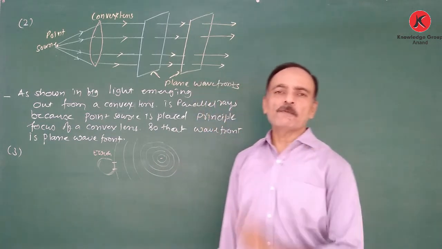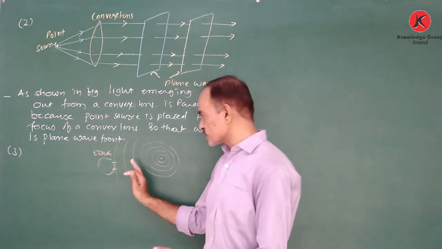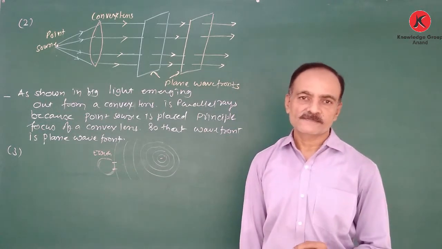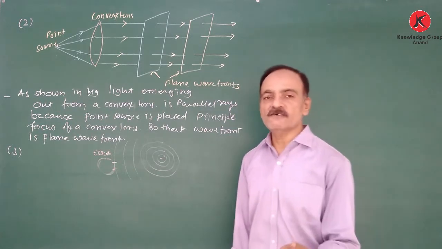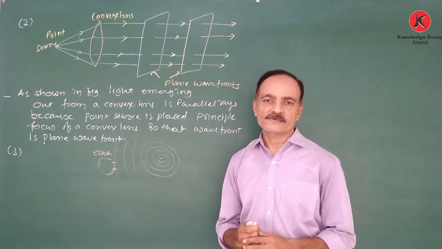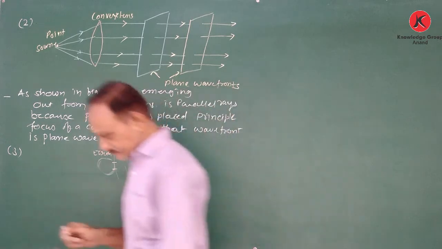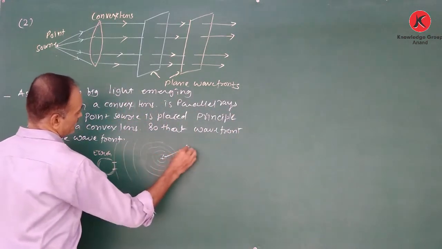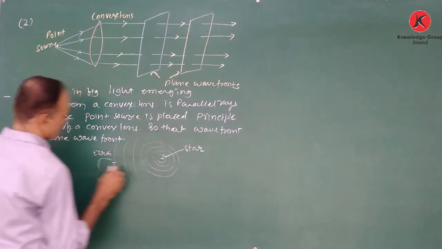Therefore, a small portion of the wavefront emerging out from the star, which is observed from the Earth, is a plane wavefront. Right? Now, there is the star and there is the Earth.